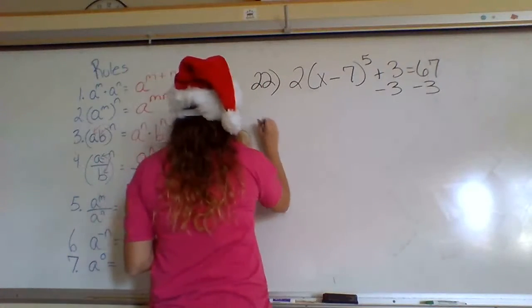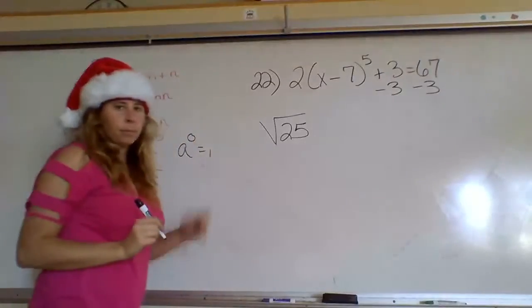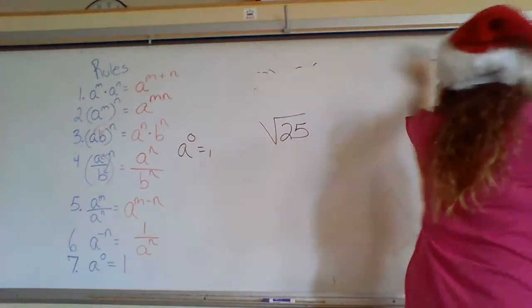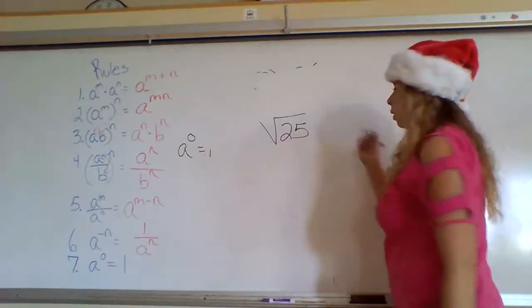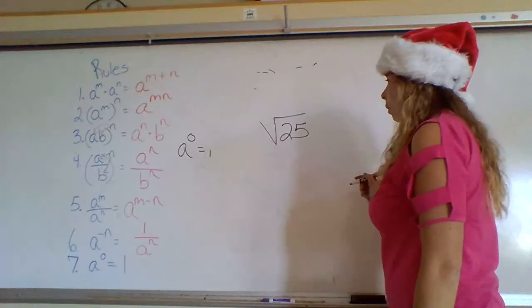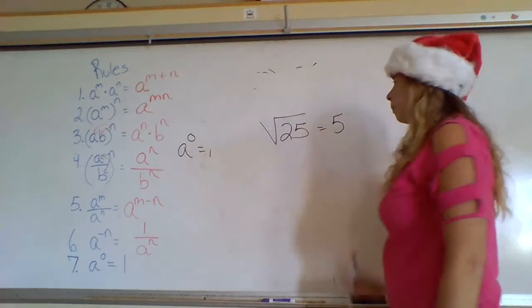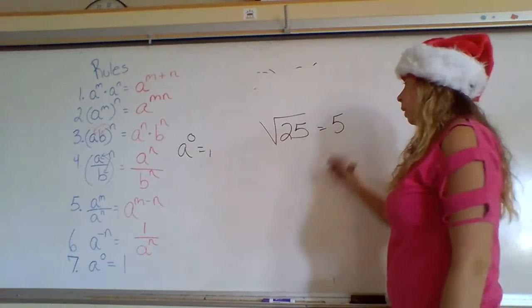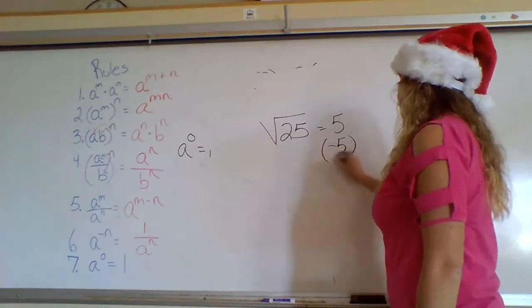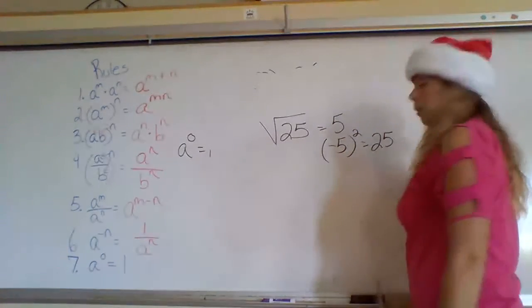So if I have the square root of 25, what number times itself is 25? Probably the first number you're going to think of is positive 5. Well, it also could be negative 5, because negative 5 squared is also 25.